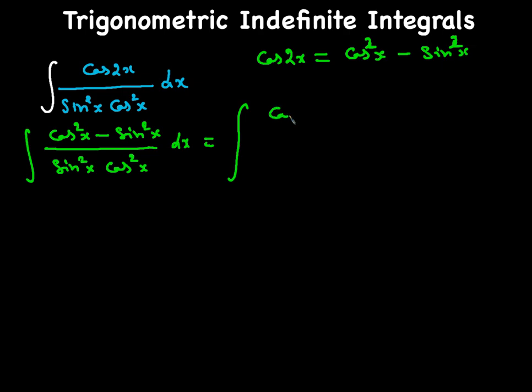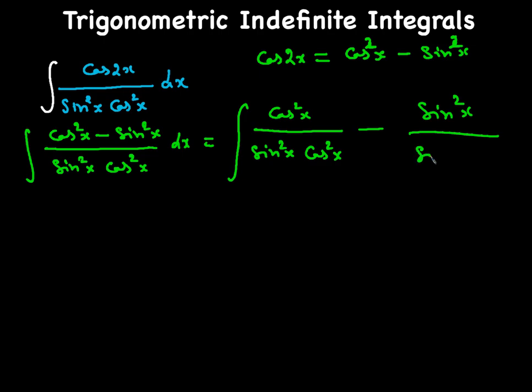This gives me cosine square x over sine square x into cosine square x minus sine square x over sine square x and cosine square x. I'm going to put it in parentheses dx. Okay, and now you can cancel out cosine with the cosine and sine with the sine.